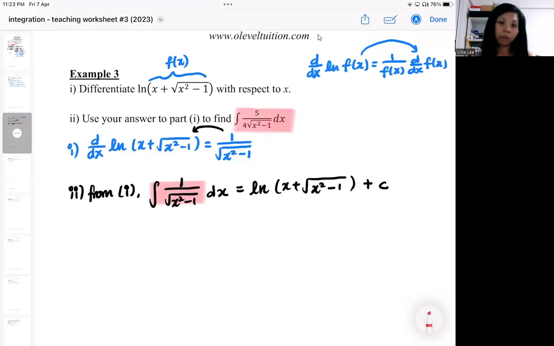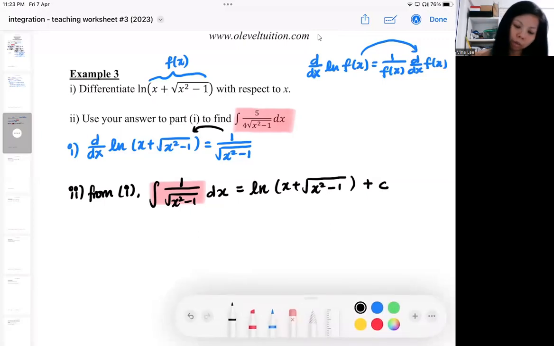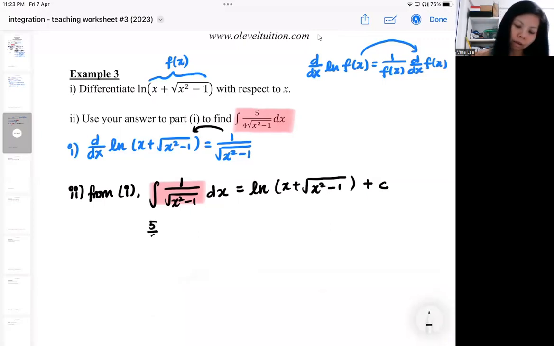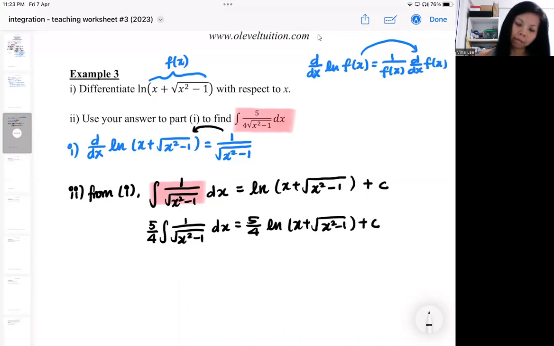You must always undifferentiate, and then there's always a bit of difference. So what do you have and what does the question want? The difference is the 5 over 4, which is very easy. You just multiply 5 over 4 on both sides of the integration. Manipulating numbers is easy, and you will get what the question wants.